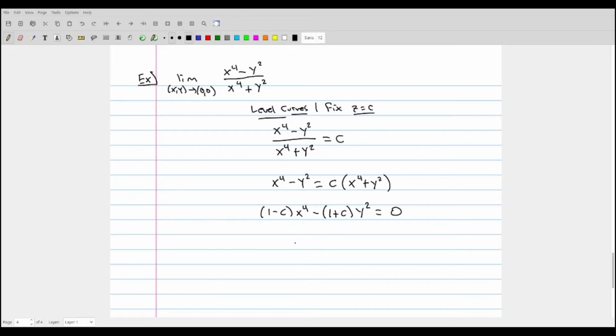So we get the equation y squared is equal to 1 minus c over 1 plus c, and then times x to the fourth.